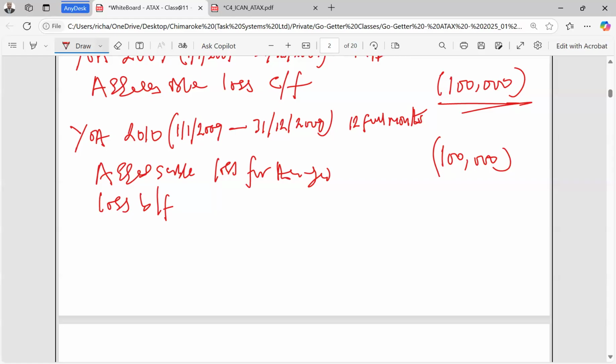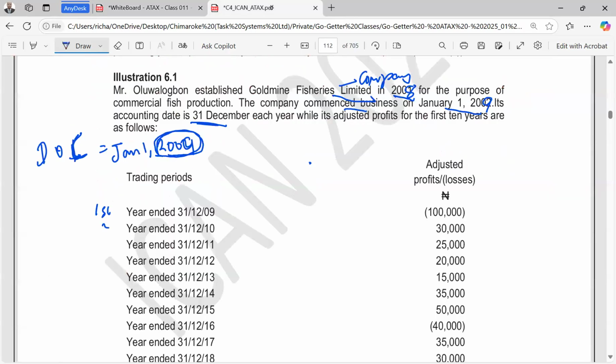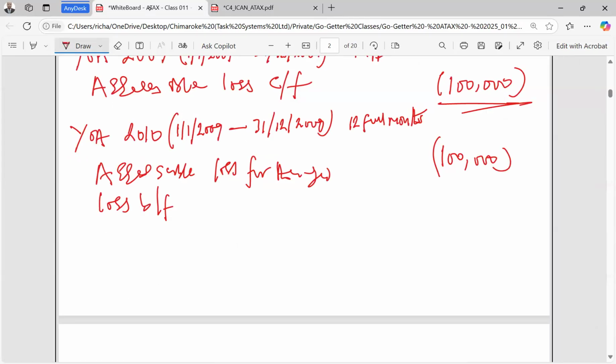This 100,000 is not this one again, technically. It is this 100,000 because it's based on the year of assessment, the basis period. That's why it is pointing to this. So both of them are having the same basis period, pointing to the same thing. That's why this one is here. But now this one is for this year.